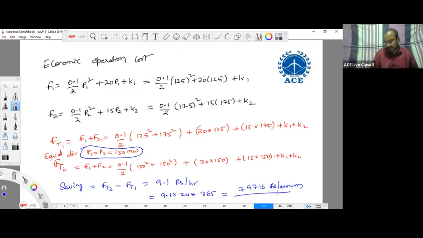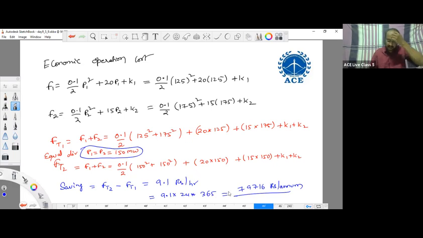If you substitute that, you will get the saving. Actually you will get 9.1 rupees per hour, but per annum he is asking to calculate. So multiply with 24 hours in a day and 365 days in a year. That is how you need to solve.